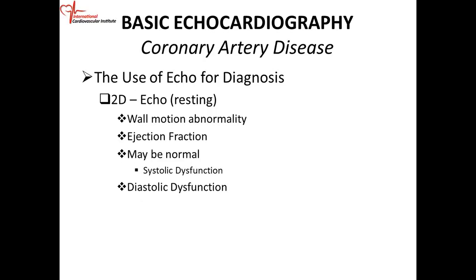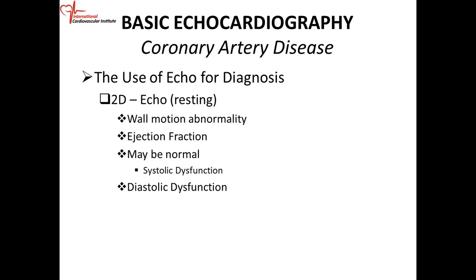But not only that, at rest, the heart muscle doesn't require a tremendous amount of blood flow. The walls may look normal at rest, but when you stress the patient, because you're not getting sufficient blood flow, the heart muscle doesn't move very well.